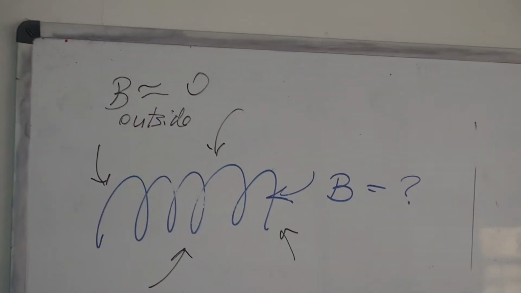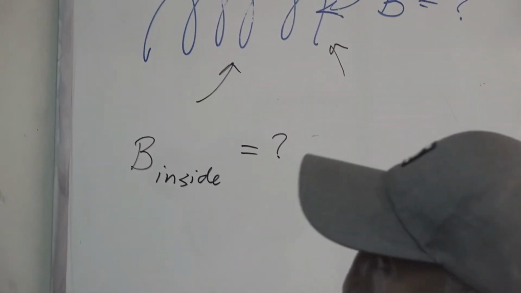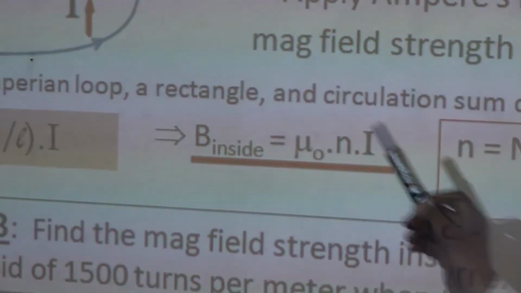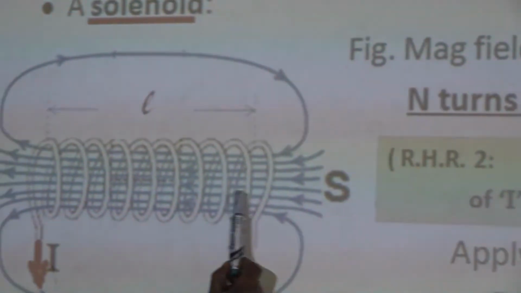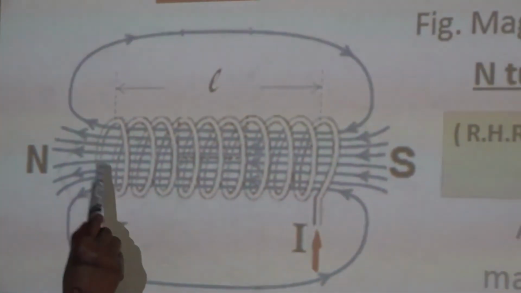So how much is B inside a solenoid? Very simple. You apply Ampere's law, where B is equal to mu 0 I over 2 pi r. And the magnetic fields of each turn add up and you get one strong magnetic field only inside.